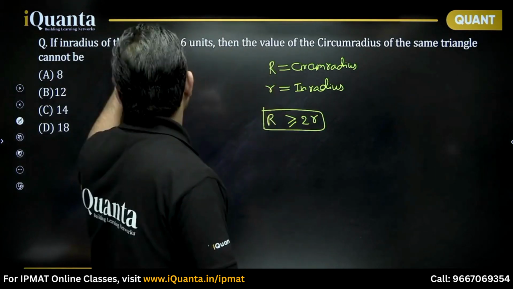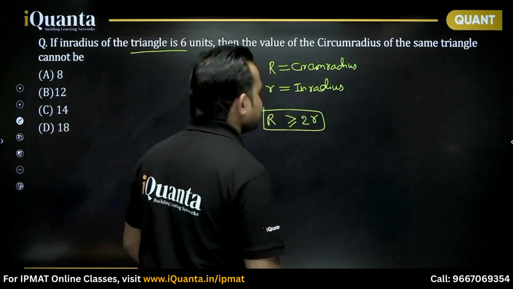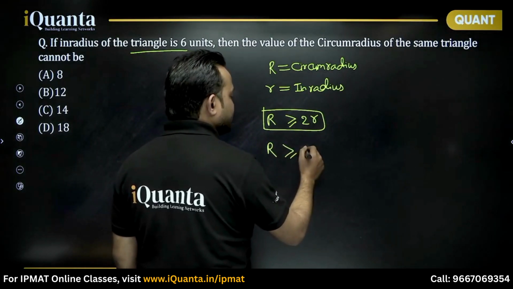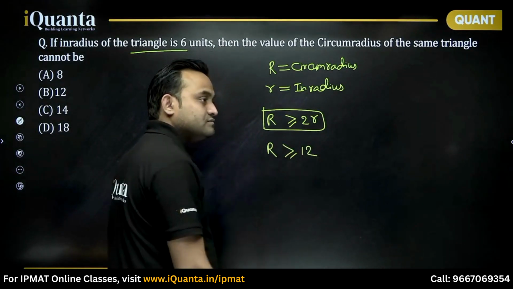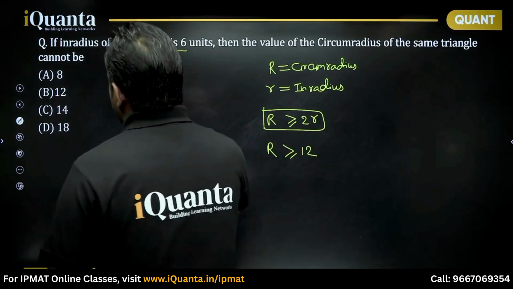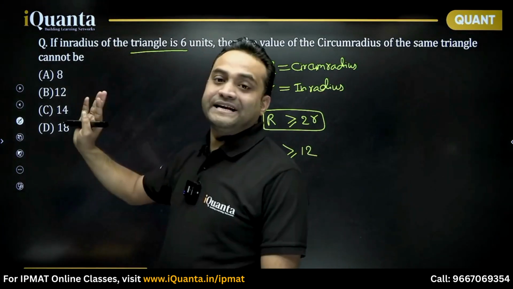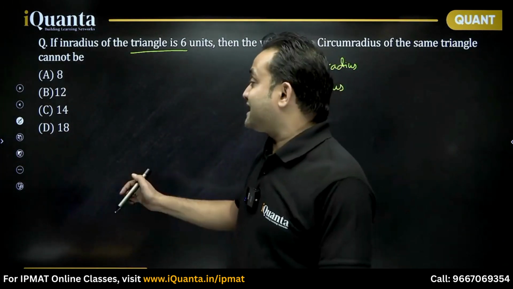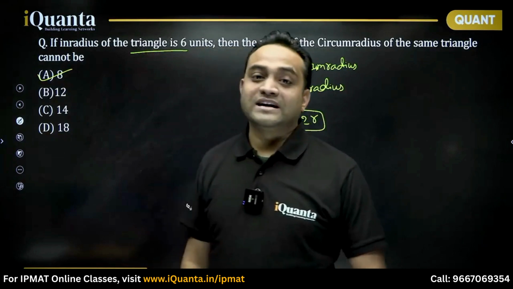So if the inradius is 6, the circumradius will always be greater than or equal to 12. If you check the options, 12, 14, 18 could be the circumradius of the given triangle, but 8 cannot be. So that is our answer.